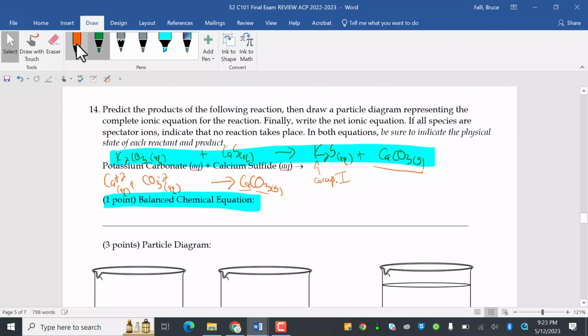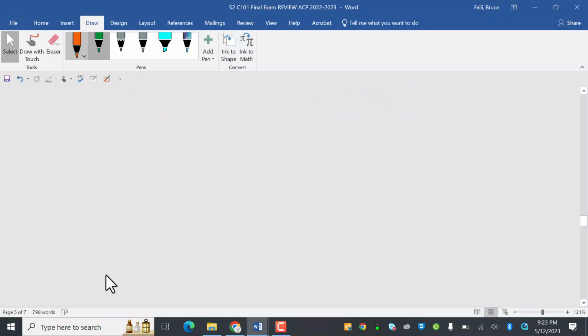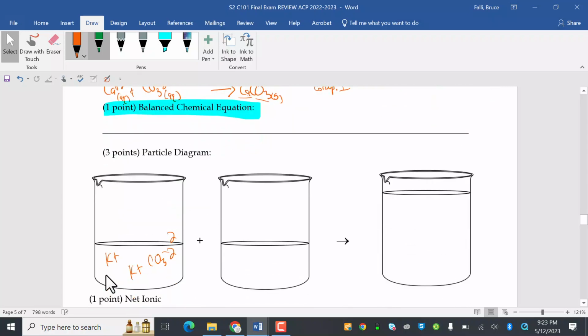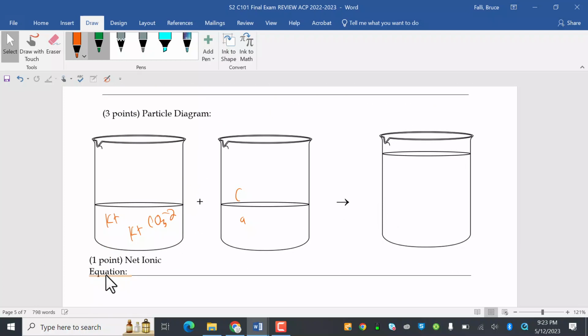So my first one is going to be K positive, K positive, CO3 negative 2. It's got to be neutral when you're done with it. That's why I've got to have that ratio there. Calcium plus 2, sulfur minus 2.